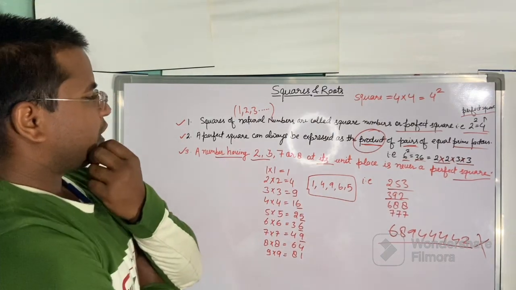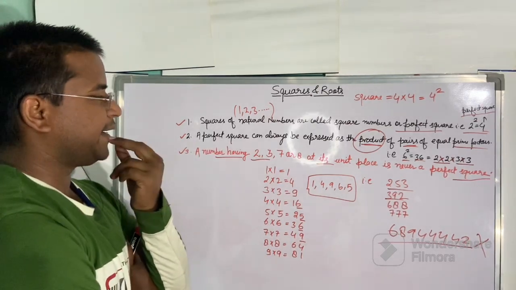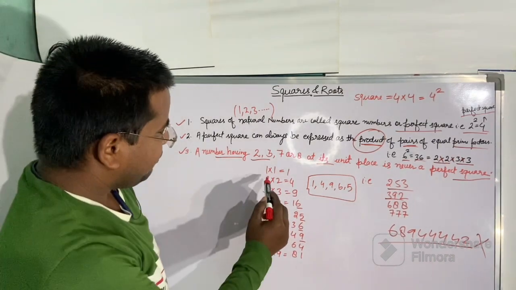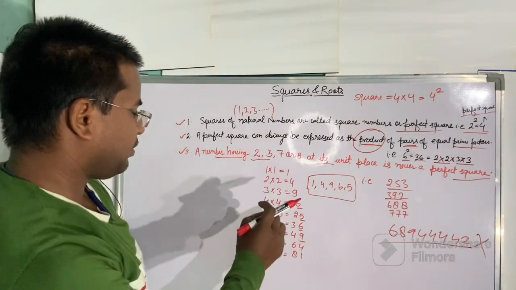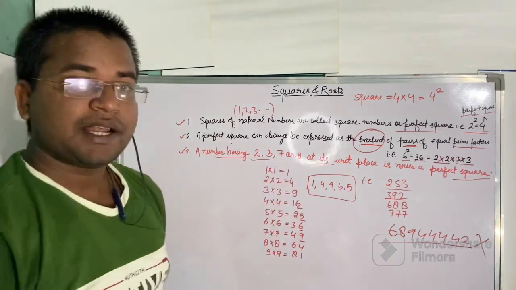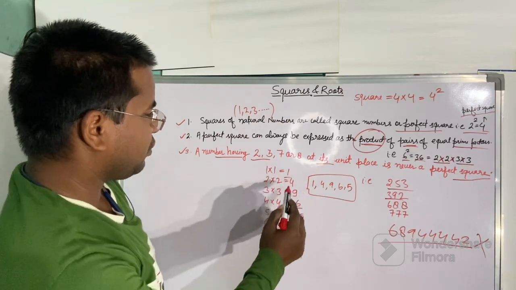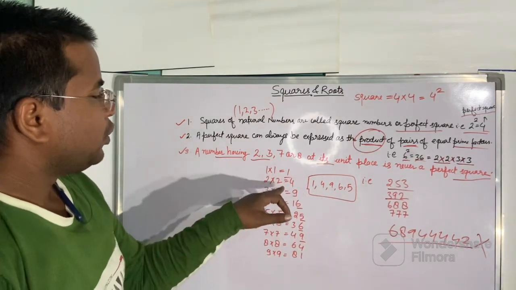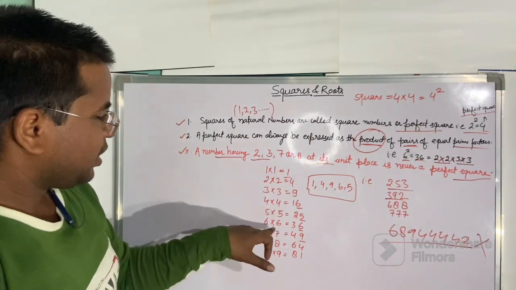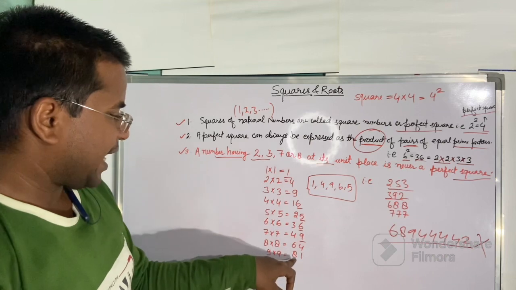And what is the concept behind that? Numbers ending in 2, 3, 7 or 8 at the unit place are never perfect squares. We can see that if we multiply a number from 1 to 9 by itself, the result never ends in 2, 3, 7 or 8. That is the reason behind it. 1 by 1 is 1. 2 by 2 is 4. 3 by 3 is 9. 4 by 4 is 16. 5 by 5 is 25. 6 by 6 is 36. 7 by 7 is 49. 8 by 8 is 64. 9 by 9 is 81.